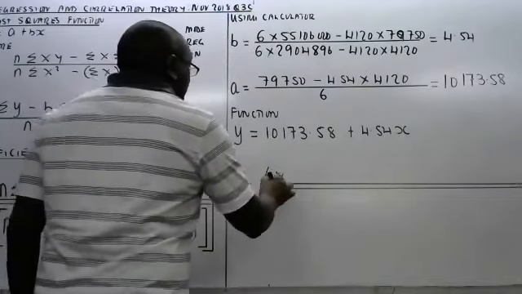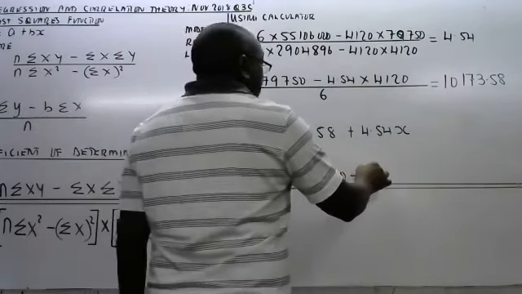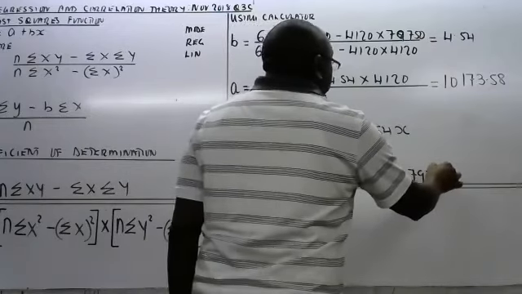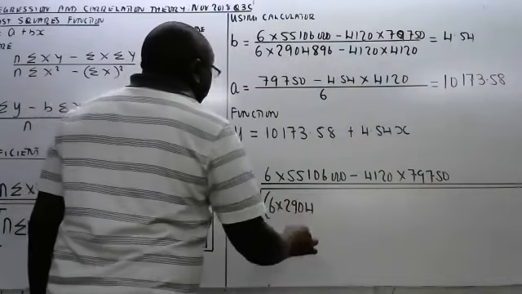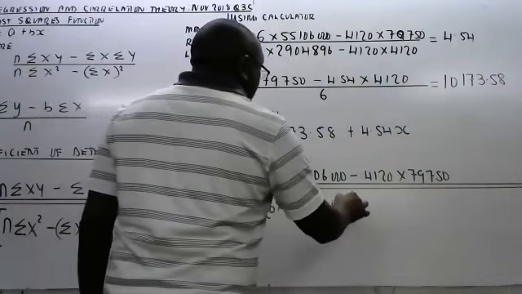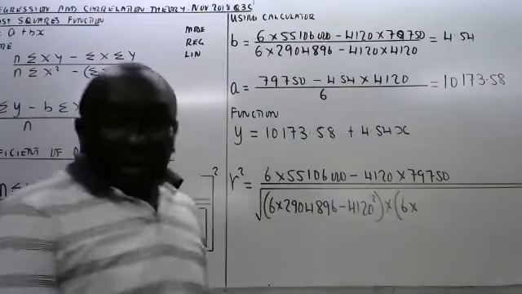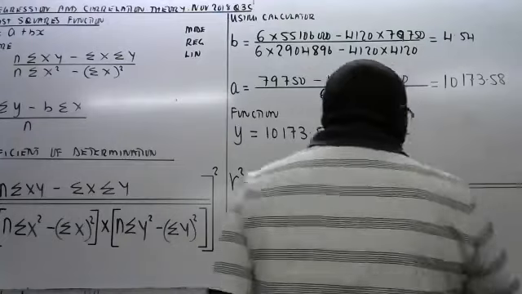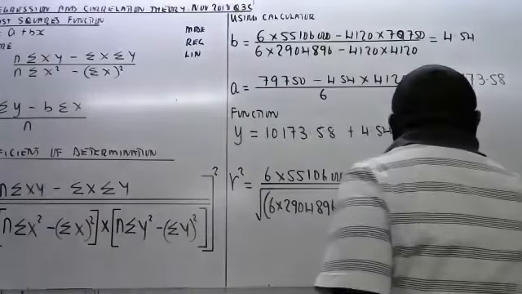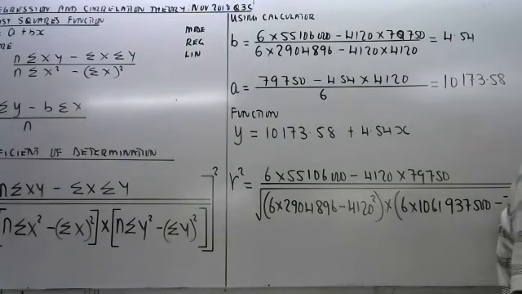So r square will be 6 times 5516 minus 4120 times 79,750, over the square root of 6 times 2904,896 minus 4120 squared, times 6 times the sum of y square, which is 1061,937,500, minus sum of y, which is 79,750 squared.